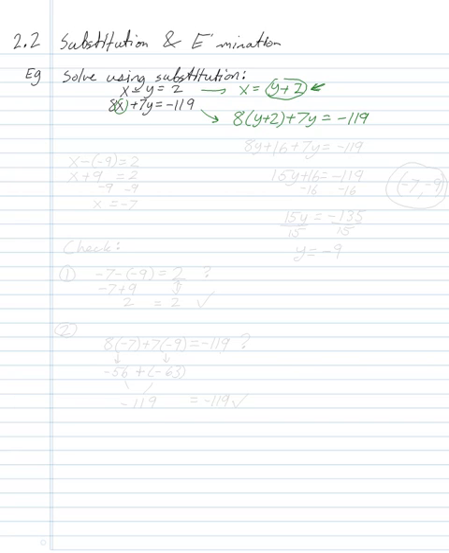I can multiply what's in the parentheses by 8, and I get 8y plus 16 plus 7y equals negative 119. And then I can combine like terms. 8y plus 7y is 15y.